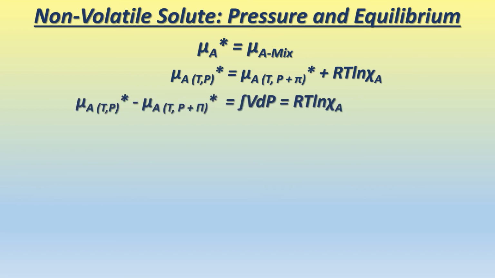I can rearrange this as the potential at T and P minus the potential at T and some higher pressure, which is equal to the integral of V dP, since I have an isothermal system now, of RT log chi A.